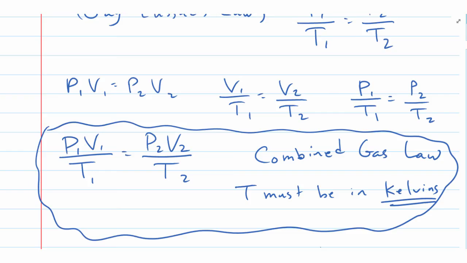And then if volume is constant, V1 is equal to V2, we cover those up, and we get P1 over T1 is equal to P2 over T2, which is the Gay-Lussac's law on the end. So if you know the combined gas law or work with it, you can derive all of the other gas laws that we'll be using.